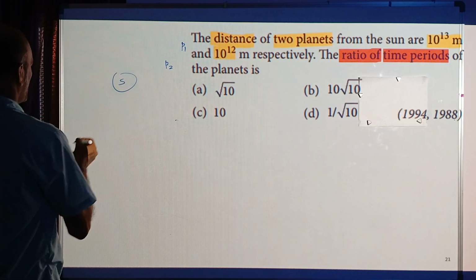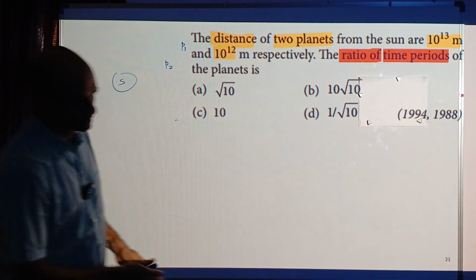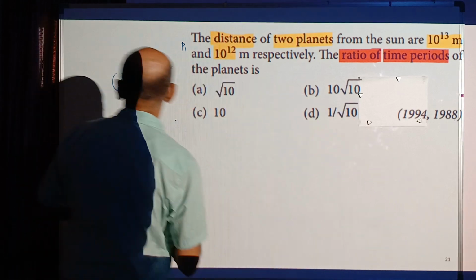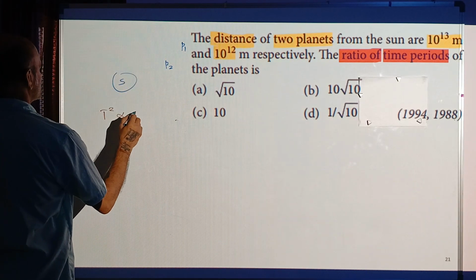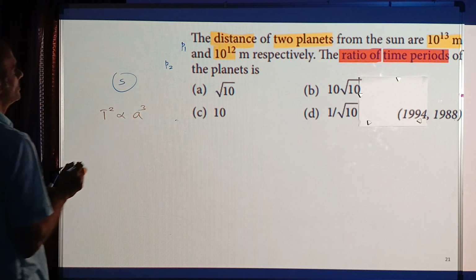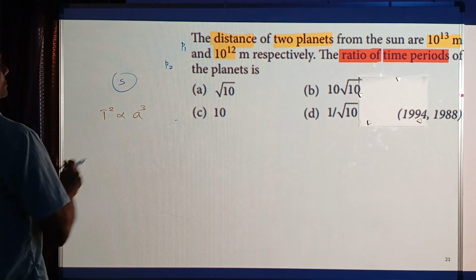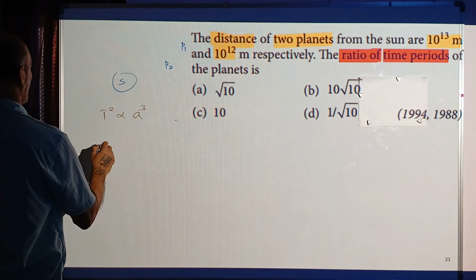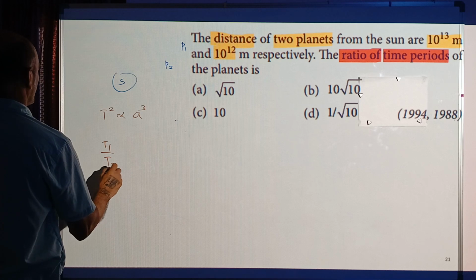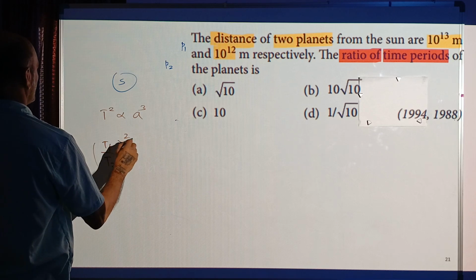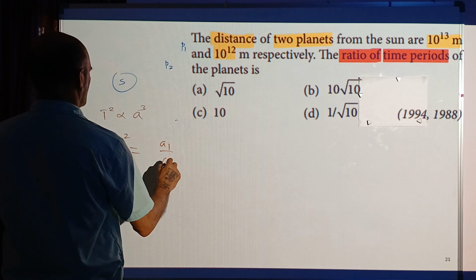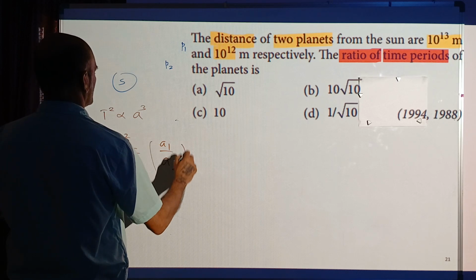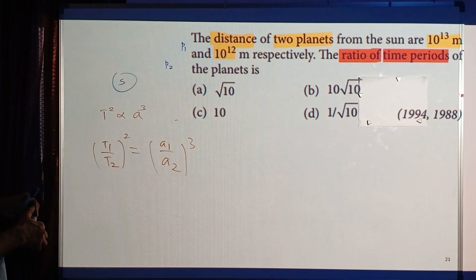So I have to use Kepler's third law. T square is proportional to A cube. So 1 is farther away. So (T1 by T2) whole square equals (A1 by A2) cube.